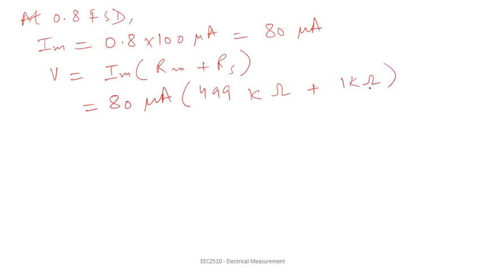You just put the values here and you will get 40 volt. So if the instrument is reading 0.8 times full scale deflection, then the applied voltage will be 40 volt. Similarly, you can also do this for other cases, like suppose the instrument reads 0.5 of full scale deflection, then what will be the applied voltage, or any other value.